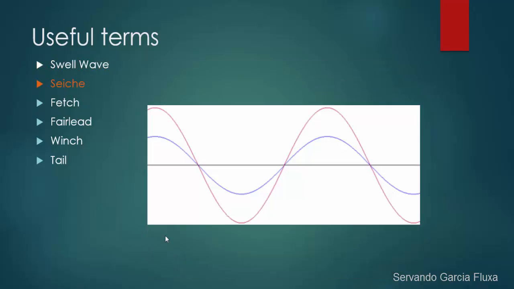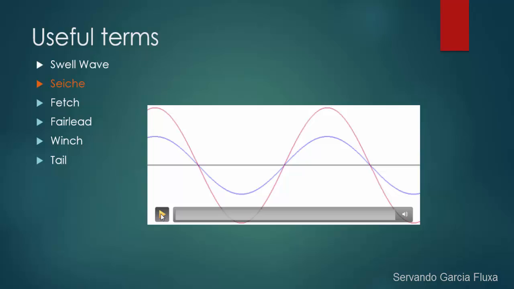A seiche is a standing wave in an enclosed or partially enclosed body of water. What it means is that there are going to exist two waves that flow in opposite directions, but they have the same period. So this phenomenon can happen.